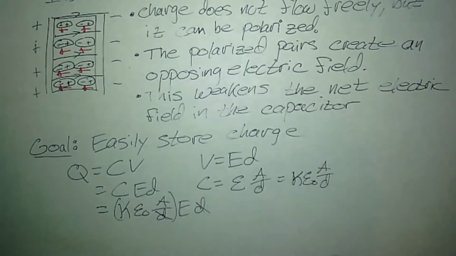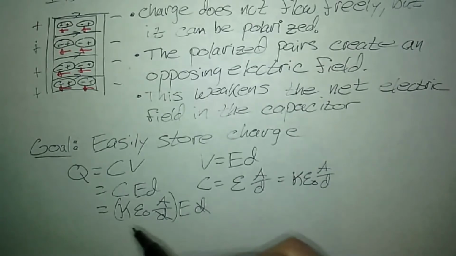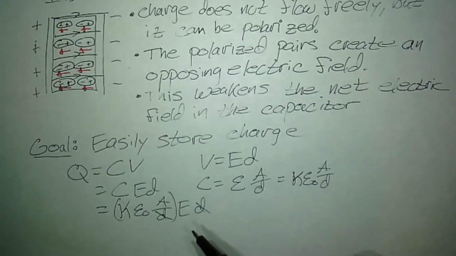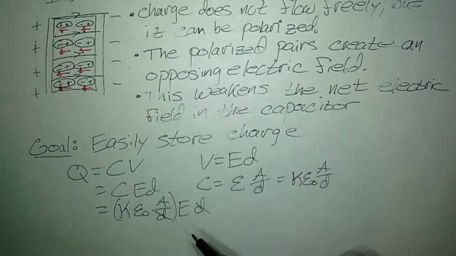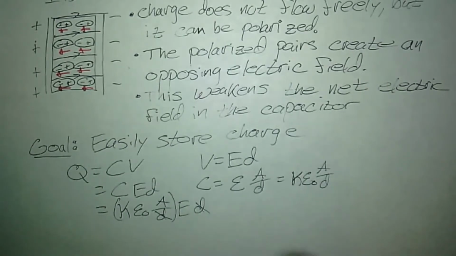So why is this useful to us? Because what we've done is said if I put a given charge on here, or if I apply a given electric field, it's hurt it, which seems like it should make our charge go down. And it does.